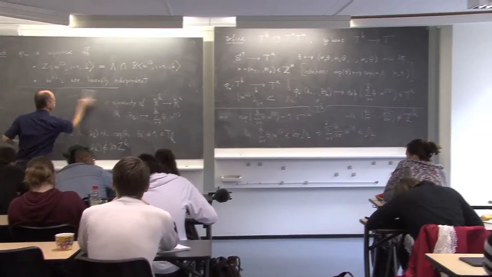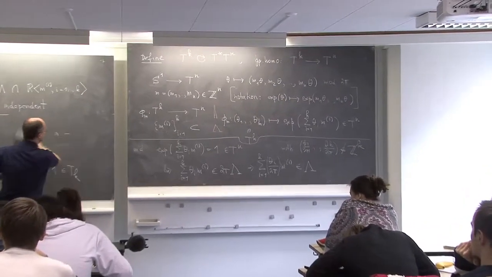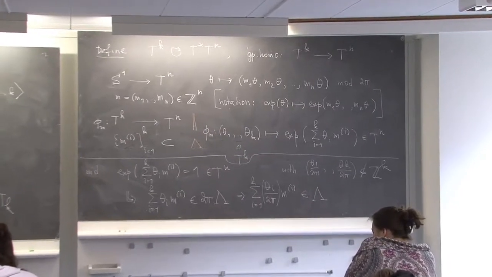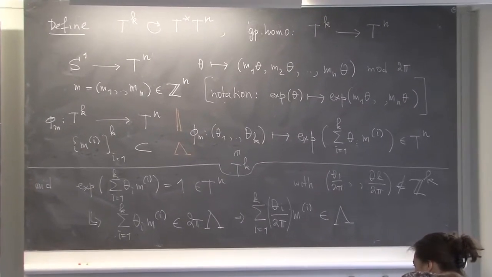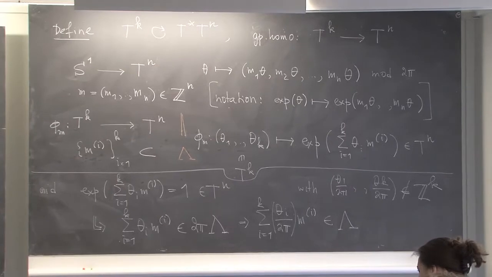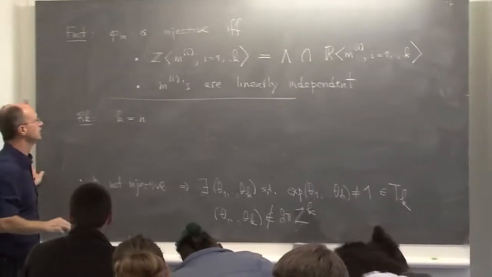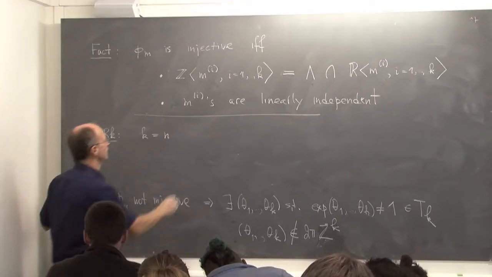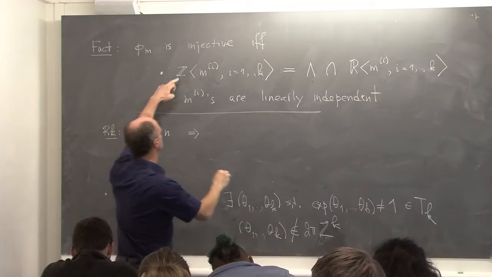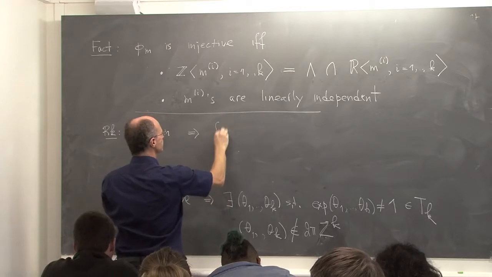Maybe one small remark. Assuming that k is equal to n. So what do these conditions mean together?